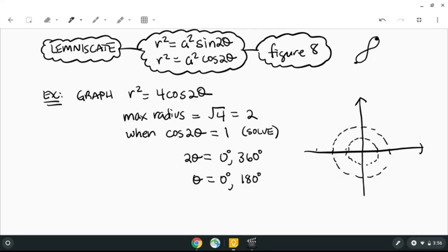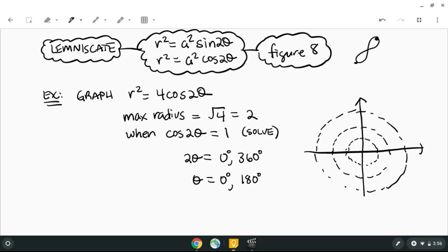And here is my circle with radius 3. At 0 degrees and at 180 degrees is where my maximum radius occurs, and the maximum radius is 2. So I'm going to have that, and I'm going to have that.